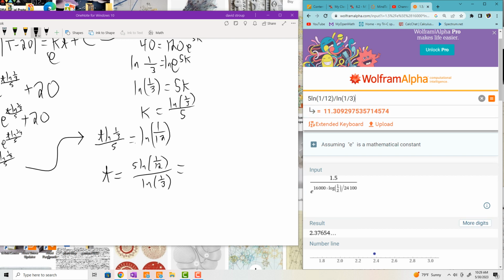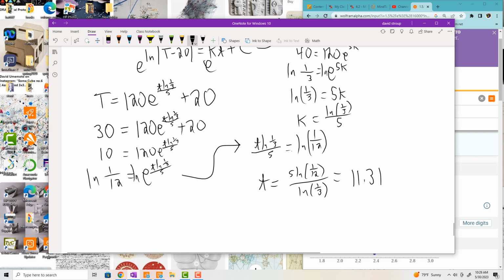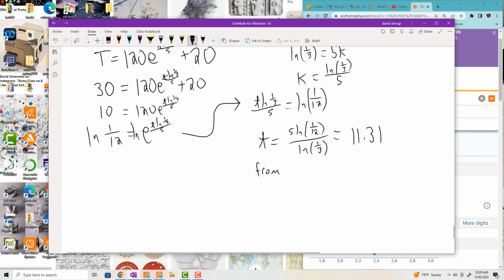So it looks like approximately 11.31. Okay. So that's the total time to go from the initial temperature of 140 to the temperature 30. We want to know how long it takes to go from T equals 60 to T equals 30.